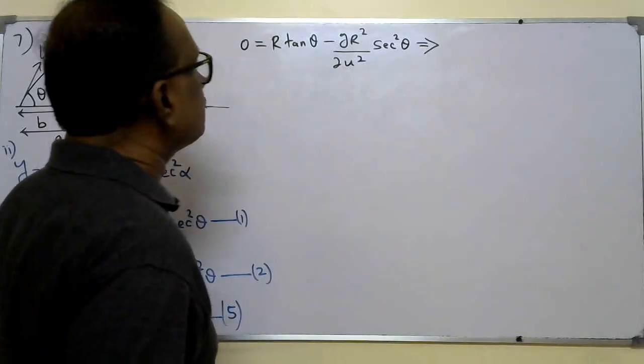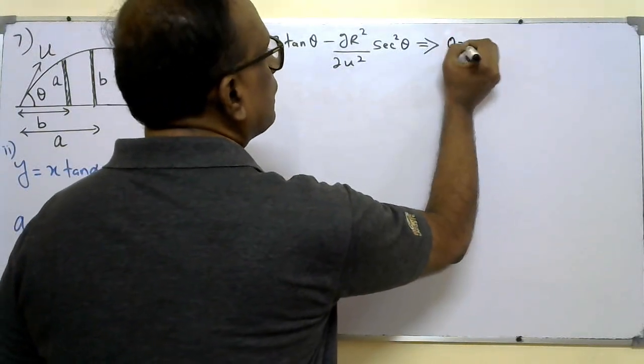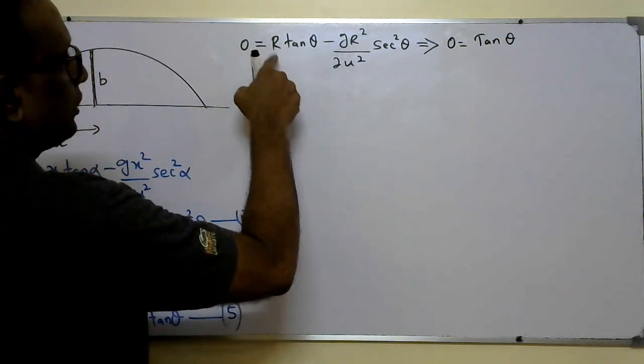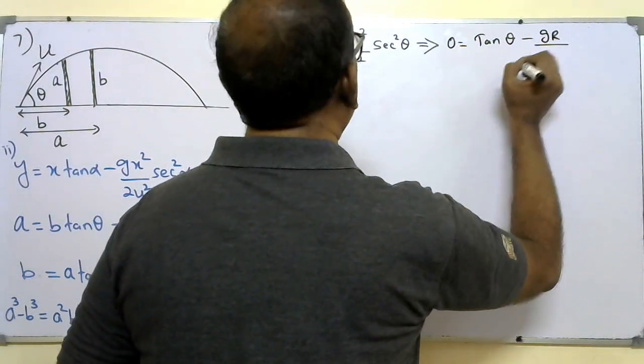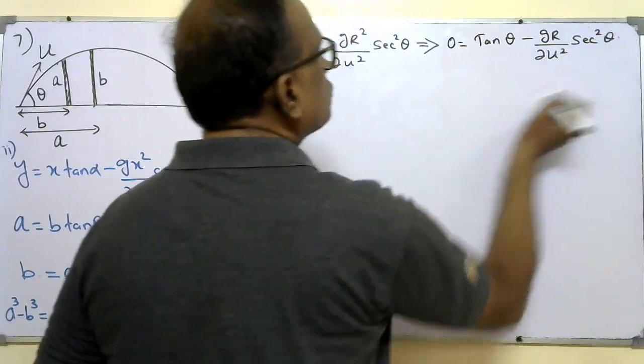If I divide the whole equation by r, 0 equals tan theta minus g r over 2u squared sec squared theta. So make r the subject.